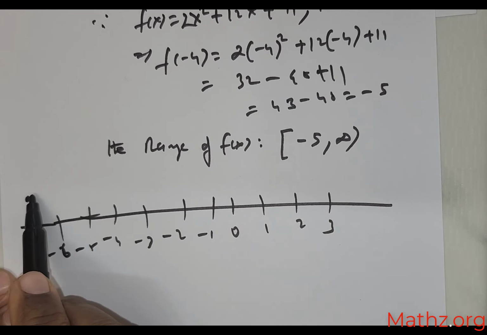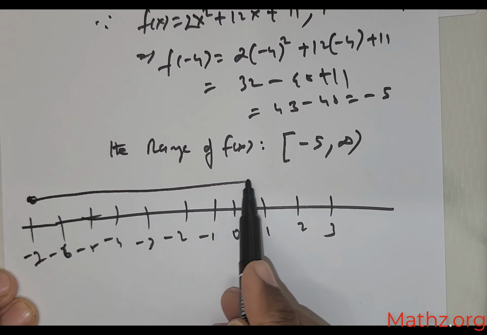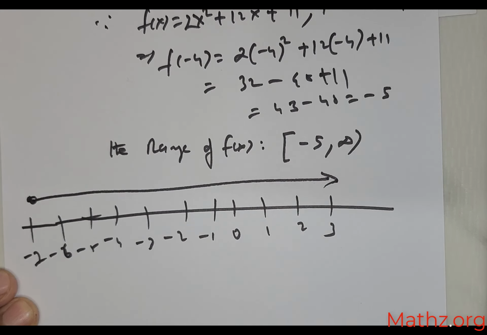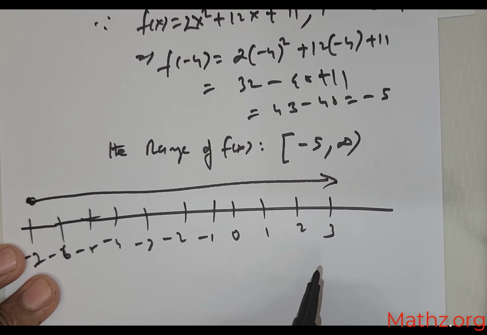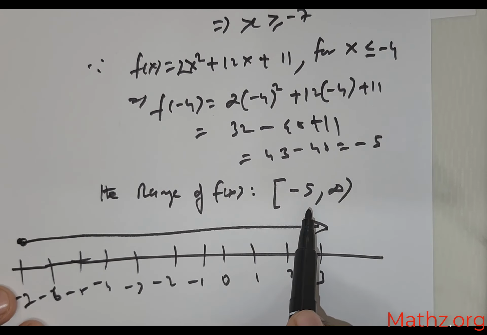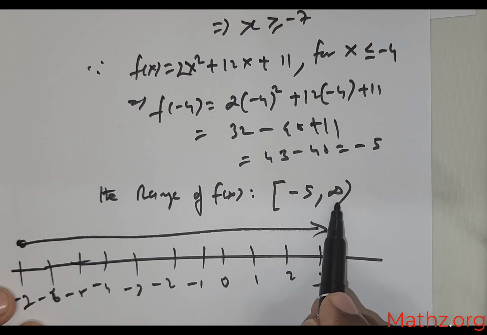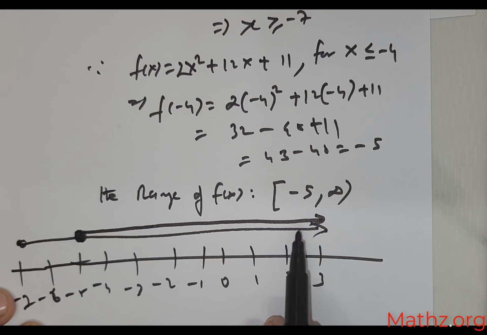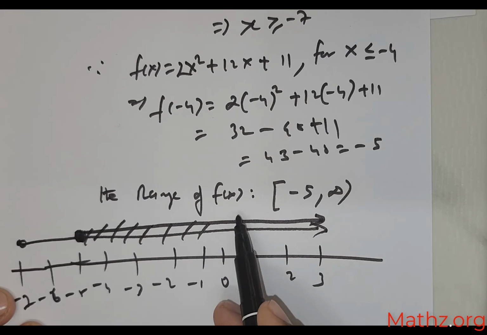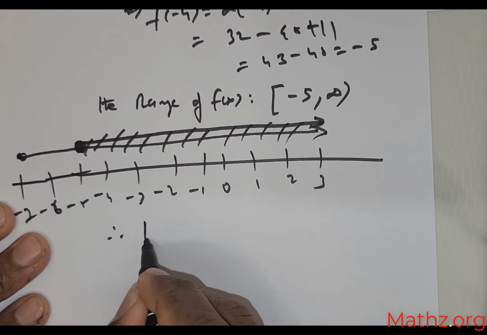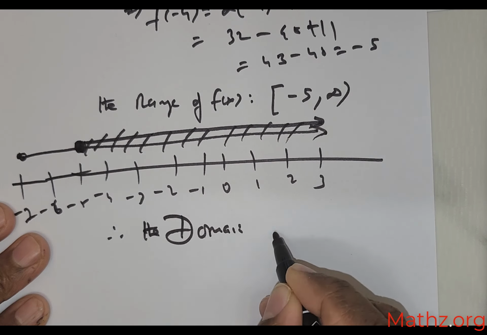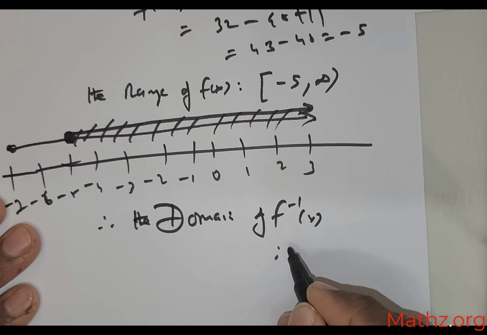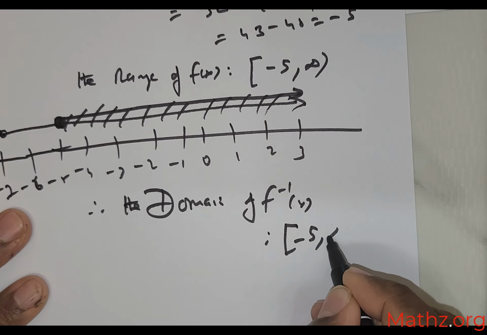From here we are moving on for the inverse, f inverse of x. But for f of x, the range is starting from negative 5 to infinity. So negative 5 is over here, right? From here onwards we are moving up. So we need to take this intersection, and then you conclude, therefore, the domain of f inverse of x is all values from negative 5 to infinity.